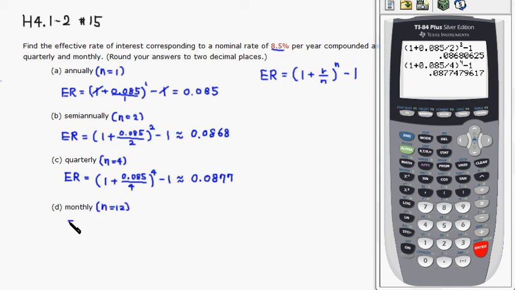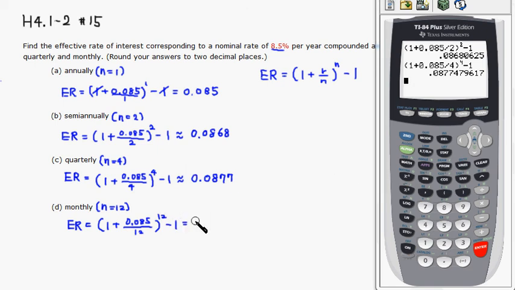And the last one, monthly, which means that N equals 12. The effective rate for that one is the quantity 1 plus 0.085 divided by 12, raised to the 12th power, minus 1.